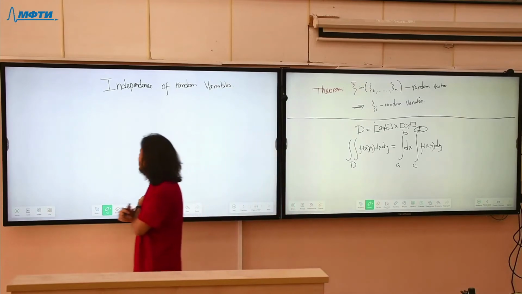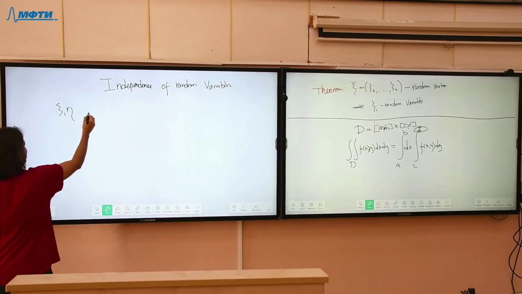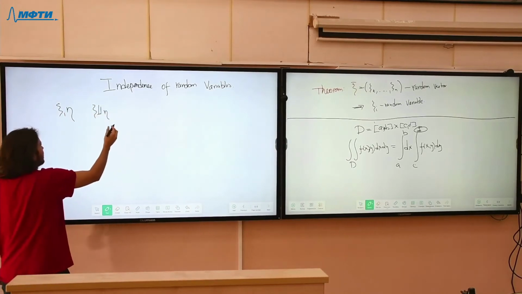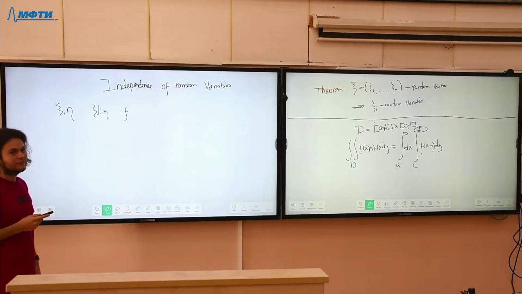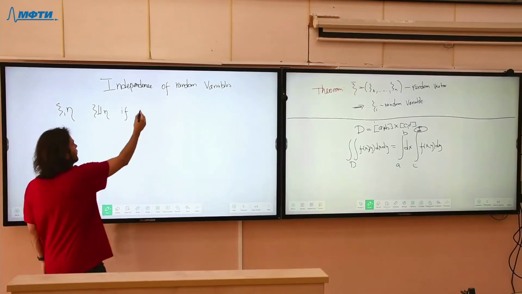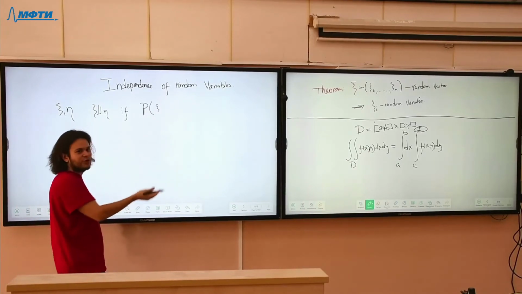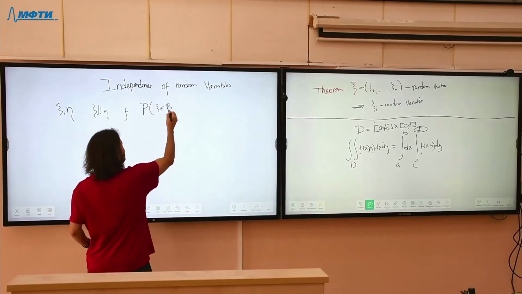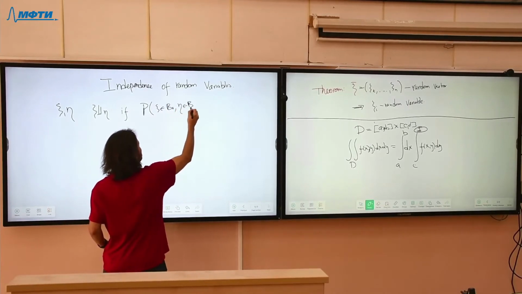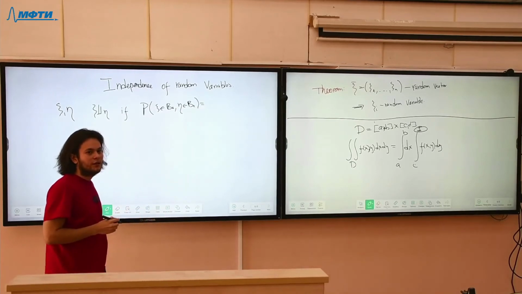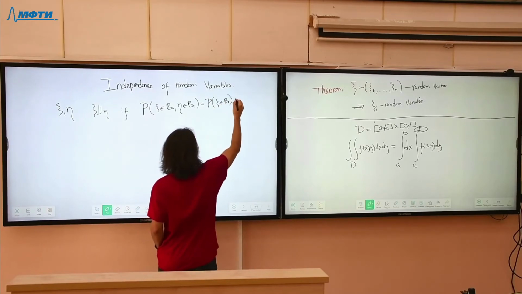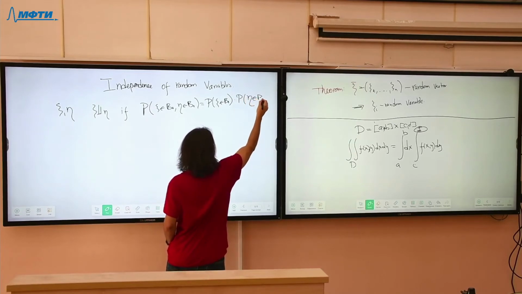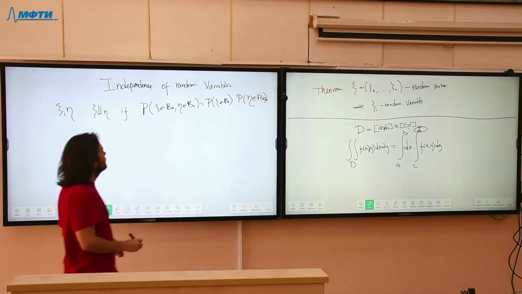So if we have psi and eta, we know that they are independent if the probability that psi belongs to V1 and eta belongs to V2 is the product of the probabilities.